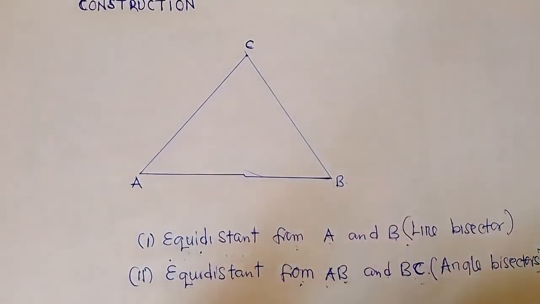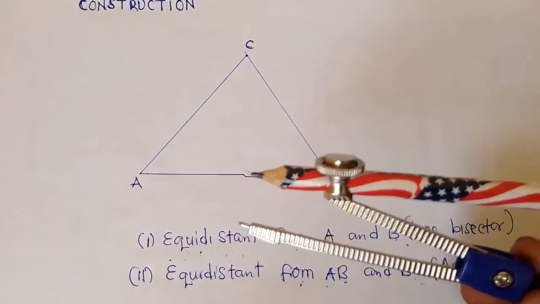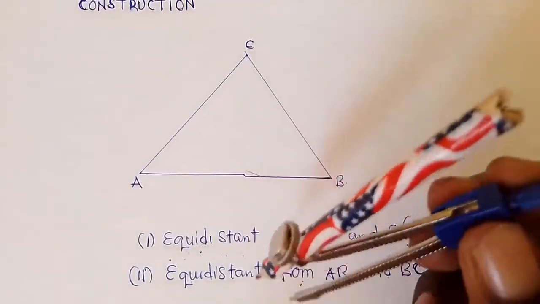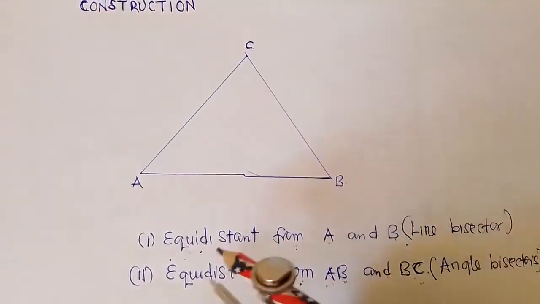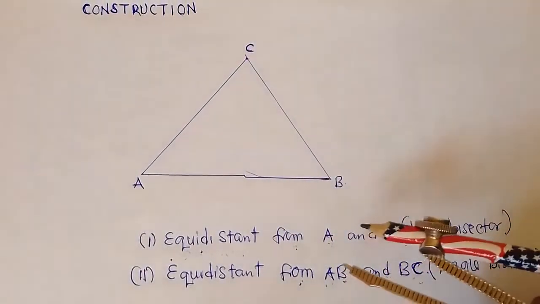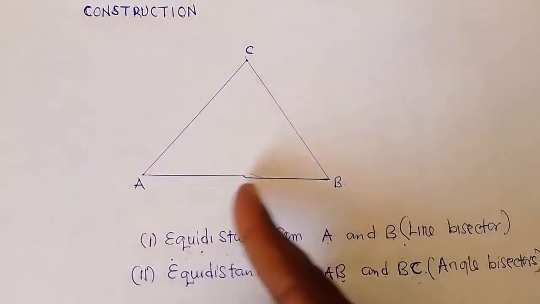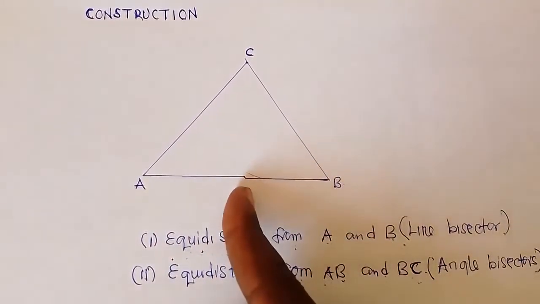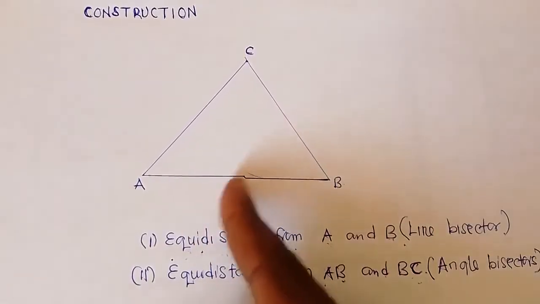This first question requires you to use a compass. You get your own compass. This is my compass, and I hold it properly. Equidistant from A and B means I'm told to divide this line into 2 equal parts. This is a mistake which I did here, so don't do this.